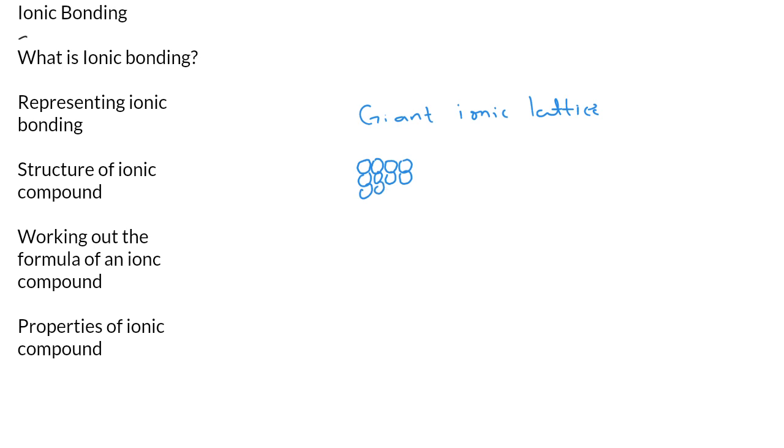Because it is closely packed and arranged in a regular pattern. When you want to observe the structure of the bonding in a powerful lab, you will see the bonds arranged in what we call a giant ionic lattice.